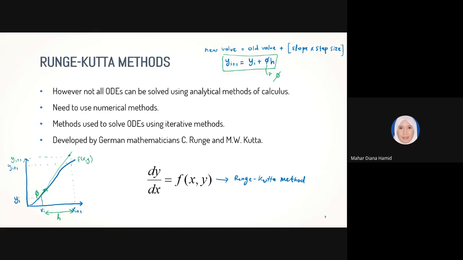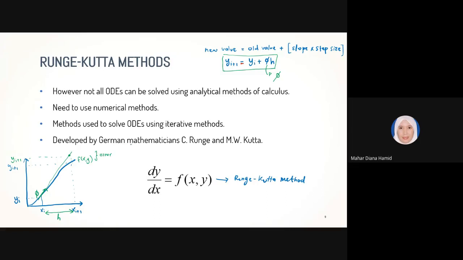If we use the slope evaluated at the initial point, we will overestimate the value of y_i plus 1 because we extrapolate linearly. So this is the error here.